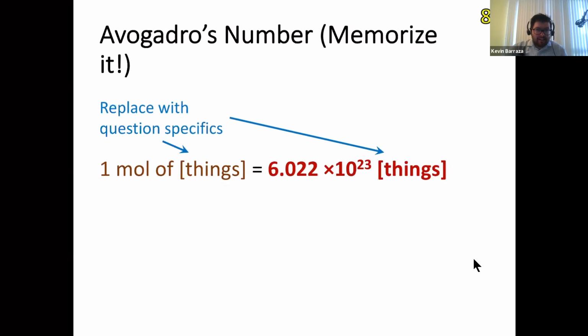And so it takes a little bit of an extra step because we have to rationalize, well, the things that I'm counting are grains of sand. And so I would say 6.022 times 10 to the 23 grains of sand is equal to 1 mole of sand. And that's where it gets a little bit weird, because it's not that the math is any different.